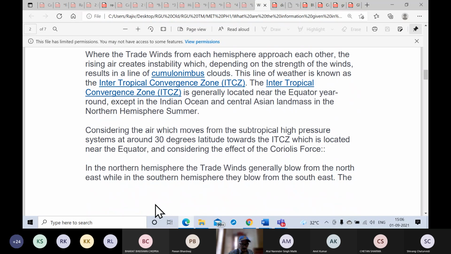So, as a generalized thing, in northern hemisphere the trade winds blow from northeast, while in southern hemisphere they blow from southeast. Generally speaking.